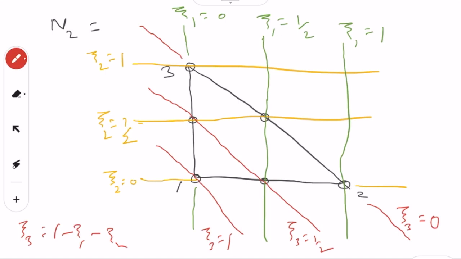So this is also true everywhere. So this is how xi1 xi2 xi3, the triangular coordinate system. So let's actually, this is the triangular coordinate system.